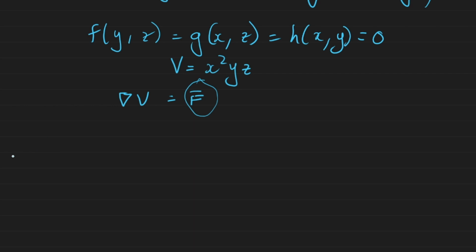Now the third test is basically something that stems from the second test. If we look back at our previous videos, we can see that we can take the curl of different vectors. You can remind yourself what the curl is.